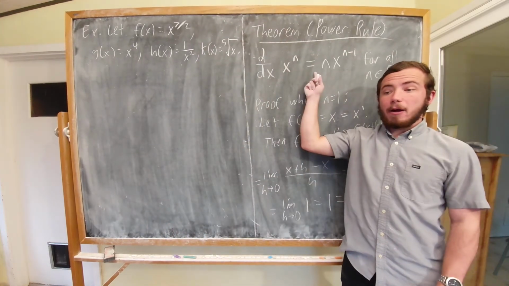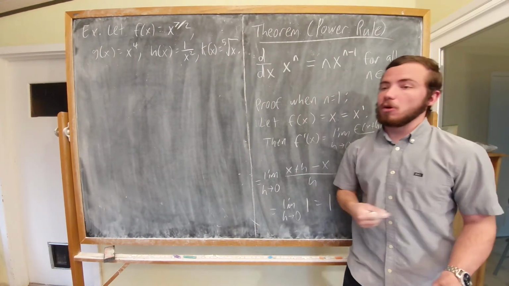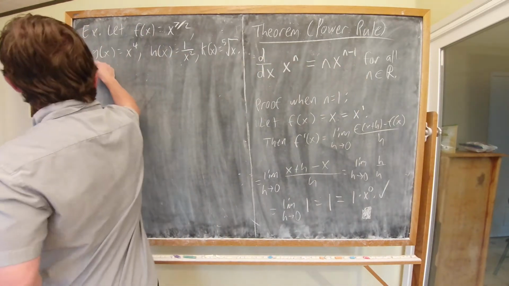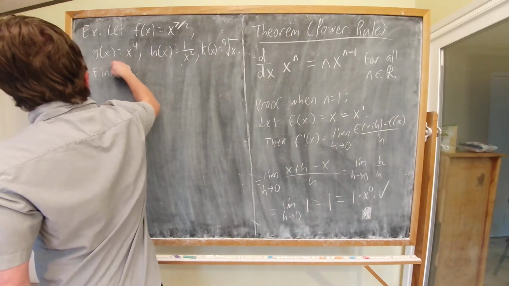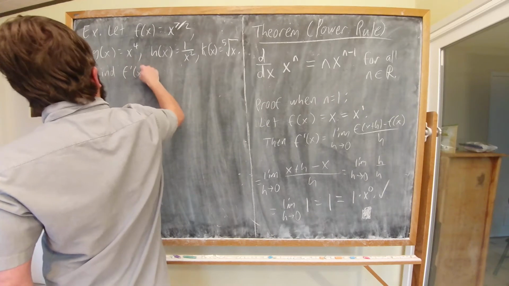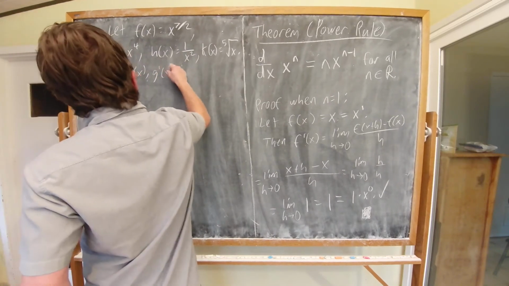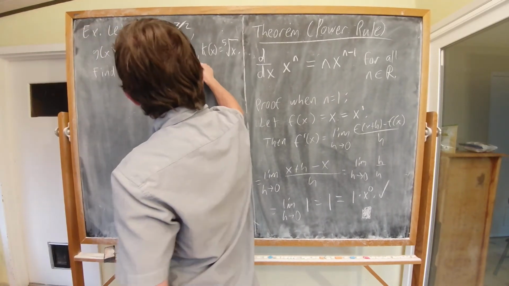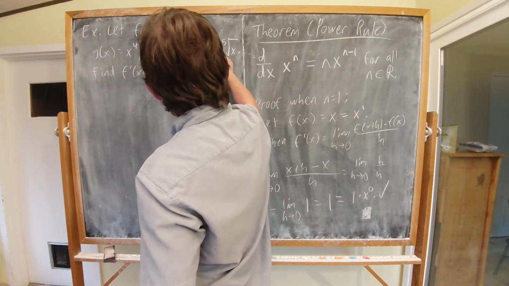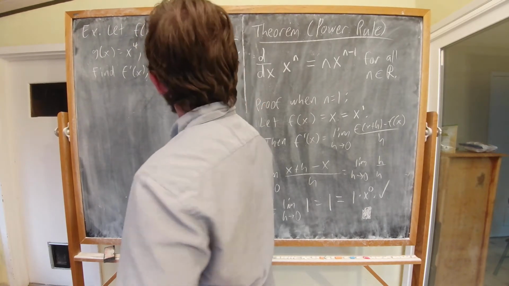With just the power rule, we actually have enough to compute all those derivatives. So let's find f prime of x, g prime of x, h prime of x, and k prime of x.